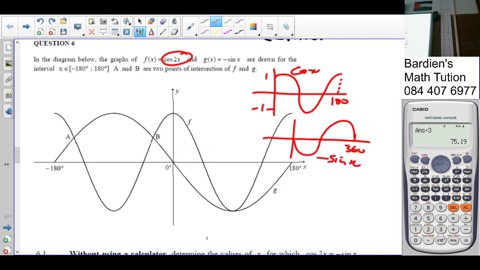Are drawn for the interval negative 180 to 180. So that is the cos graph. However, the sine graph will be cut there and we continue that side.